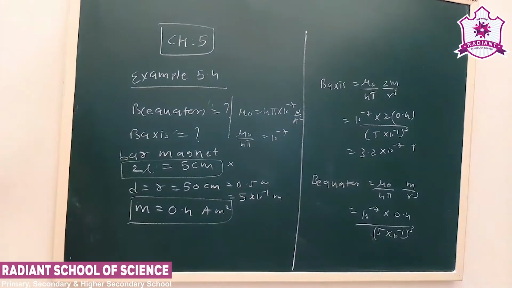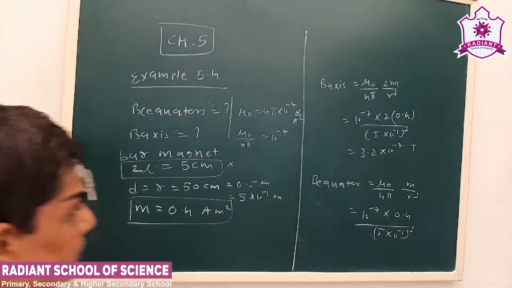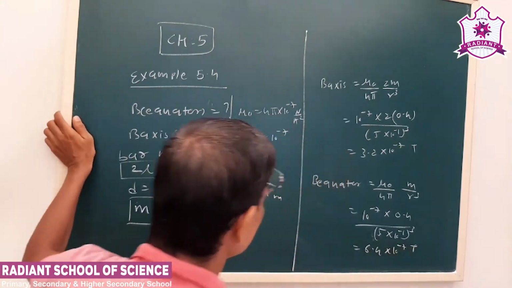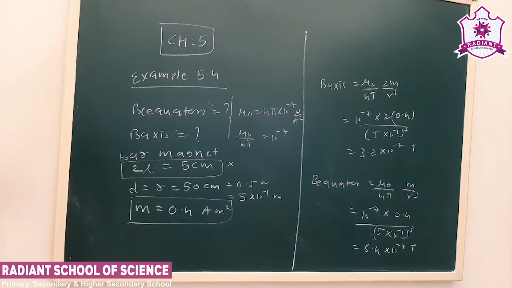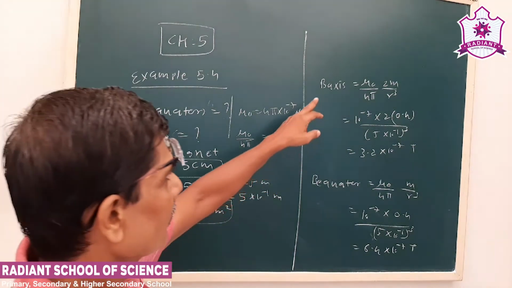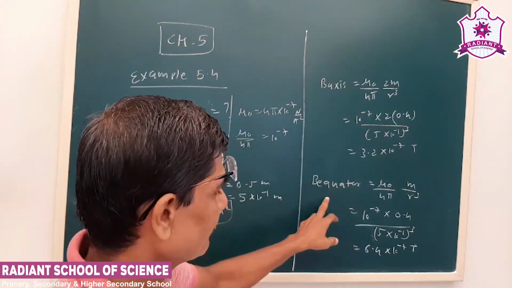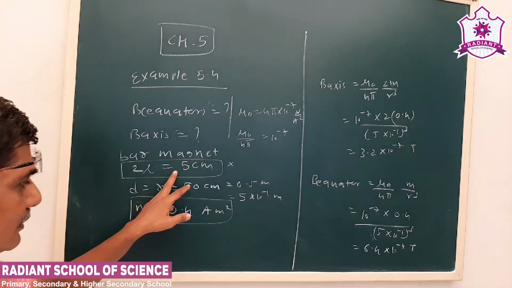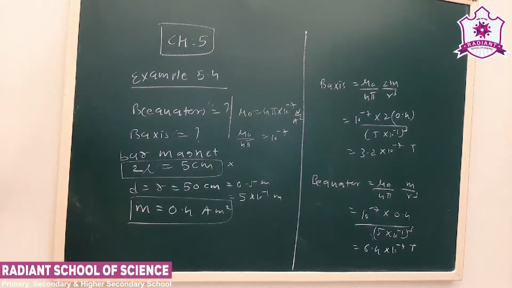You can simplify, so the value we get is 6.4. This is how we can find the value of the magnetic field at a point on the axis and equator. Keep in mind that here the length is given, but at the same time the dipole moment is also given, so there is no use of the length; otherwise they should have given the pole strength.